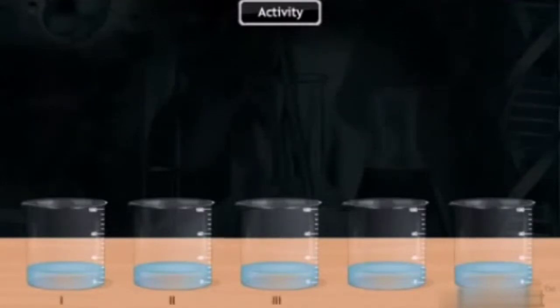Take 500 ml beakers and add 20 ml of water in them. Label the beakers as 1, 2, 3, 4 and 5.